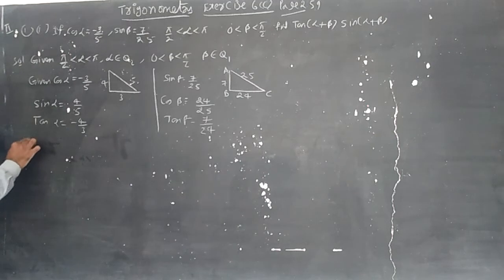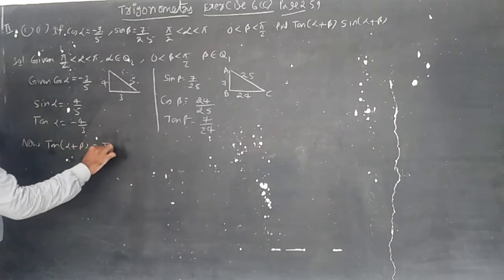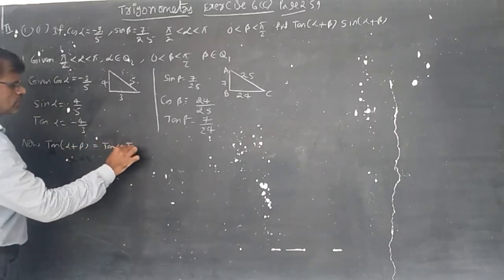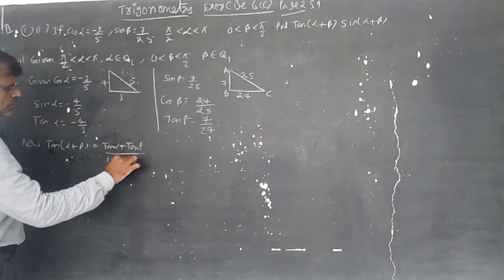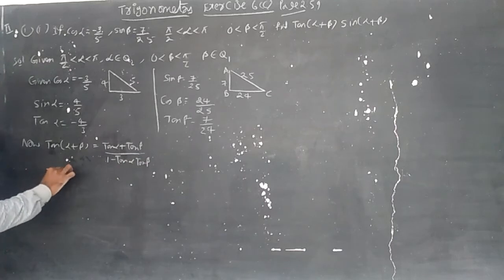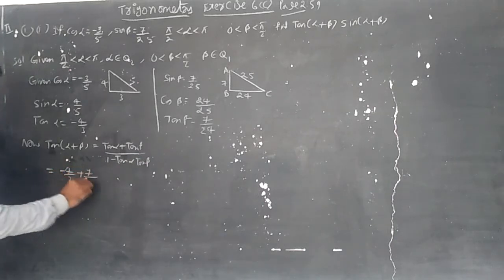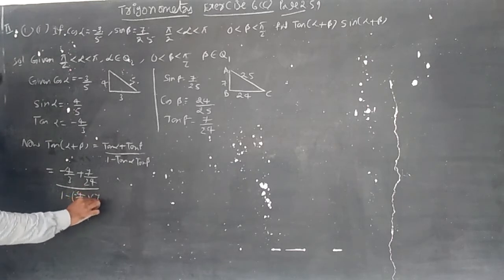Now, we need to calculate tan of alpha plus beta. Write the formula: tan of alpha plus beta is equal to tan alpha plus tan beta by 1 minus tan alpha tan beta. That is equal to, here tan alpha means minus 4 by 3 plus tan beta means 7 by 24, whole by 1 minus of minus 4 by 3 into 7 by 24.